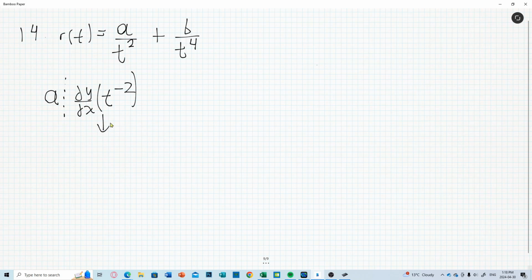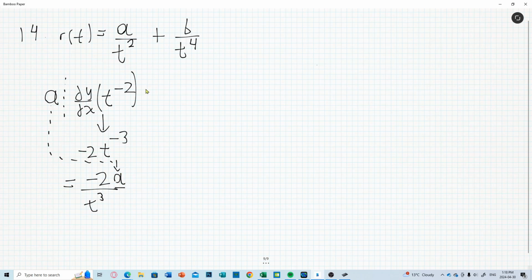So we know that this is going to be negative 2t to the negative 3, which is negative 2 over t cubed.